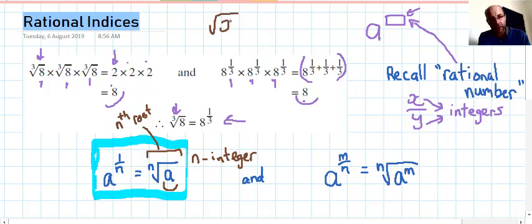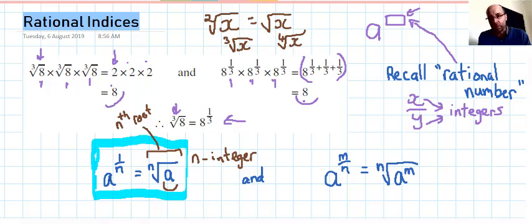Square root of x would look like that. Now, you could put a 2 there. No one ever does that, but it would be right. So square root equals the second root, I suppose. But you might have even seen beyond that the cube root, the 4th root, perhaps, possibly. But you can keep taking these up to higher values. And this is where it links to this rational index law. So a to the power 1 on n is the nth root of a.